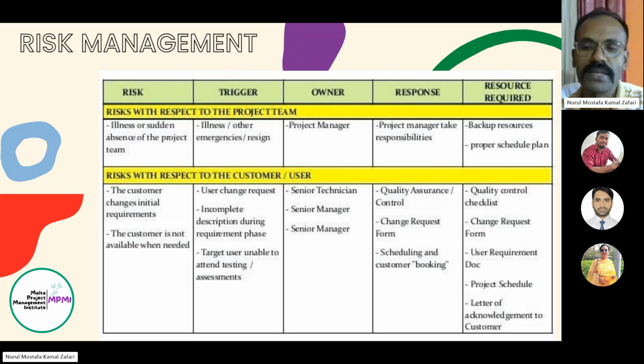Response means what will be the response to encounter these risks, and what are the resources needed to encounter this risk. So you need to list down these things and put it in the project proposal. It can be a very short half-page risk analysis, but you need to put it. Tabular risk analysis is the best because it shows the things as they are rather than writing in a paragraph.